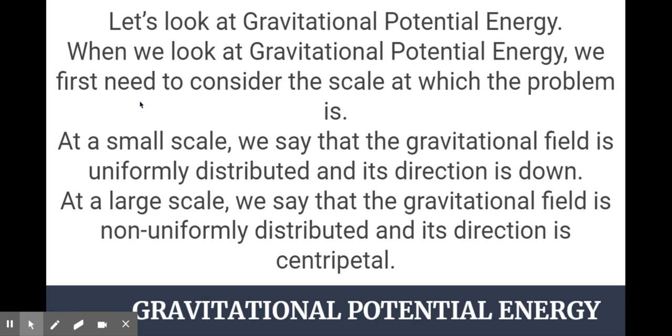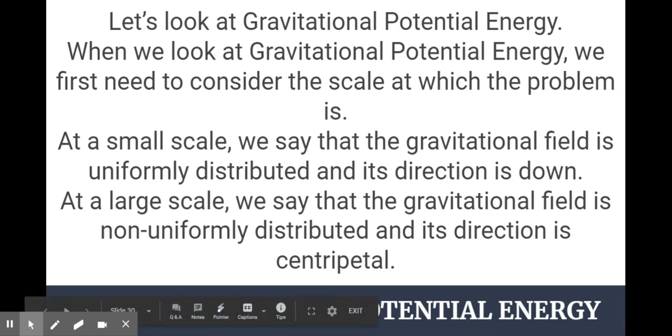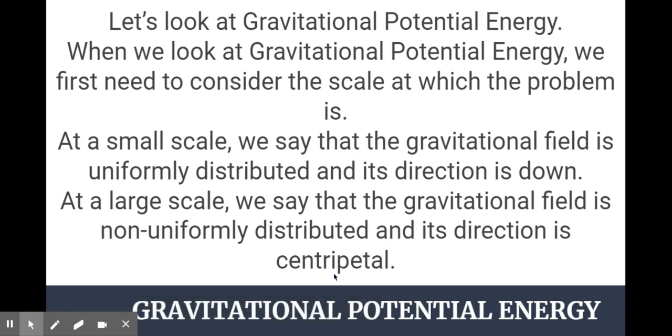We're instead going to describe the direction of this gravitational field as centripetal. If some of these words are a little confusing to you, I'd recommend you go back and look at my videos and slides on circular motion, uniform circular motion, and gravitation. That'll be helpful for you.